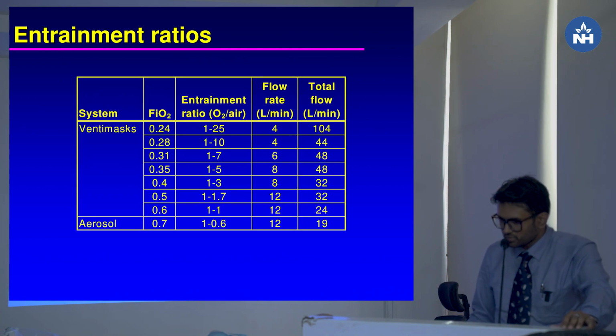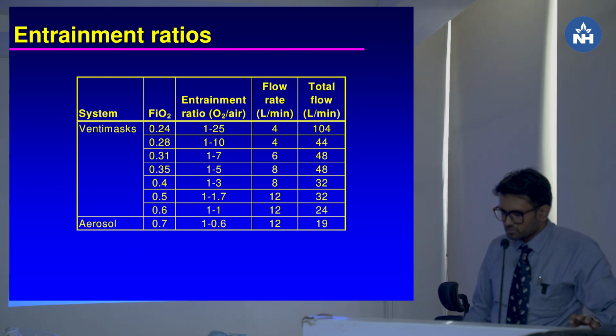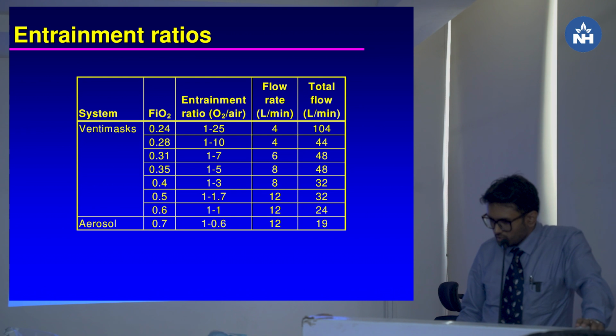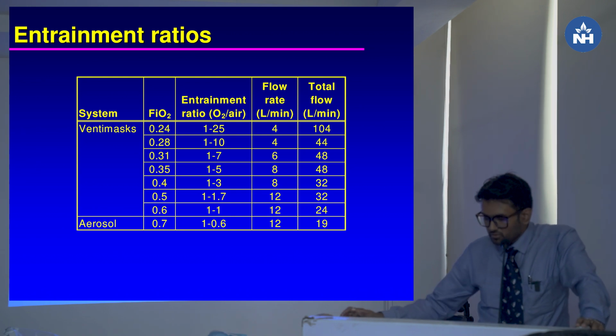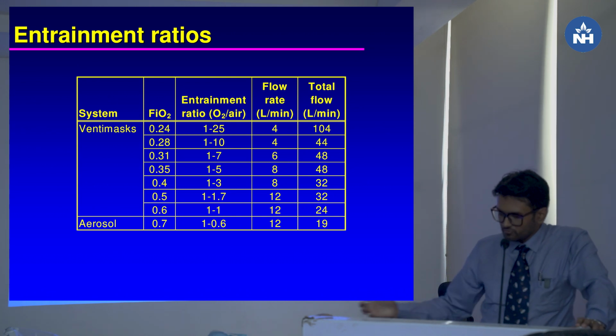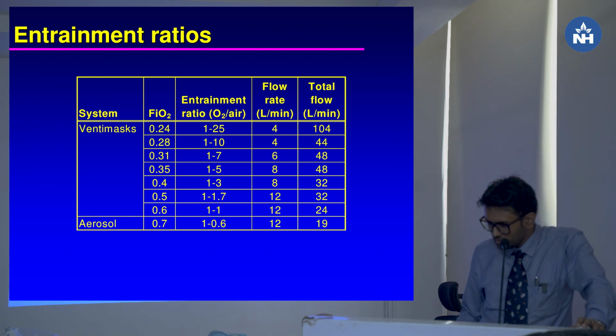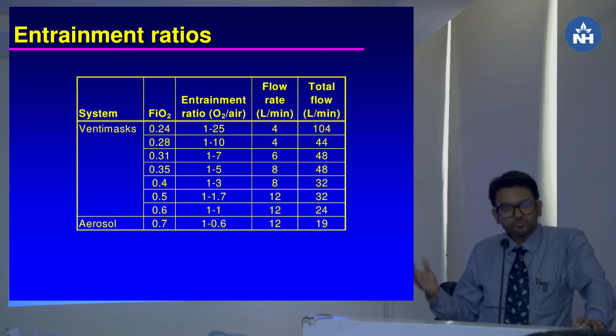So this is the entrainment ratio. Like for a Venturi mask, if we need 0.24 FiO2, the ratio will be 1:25. It means if we provide 1 liter of oxygen, then from external sources we have another 24 liters of air entrained in that way.